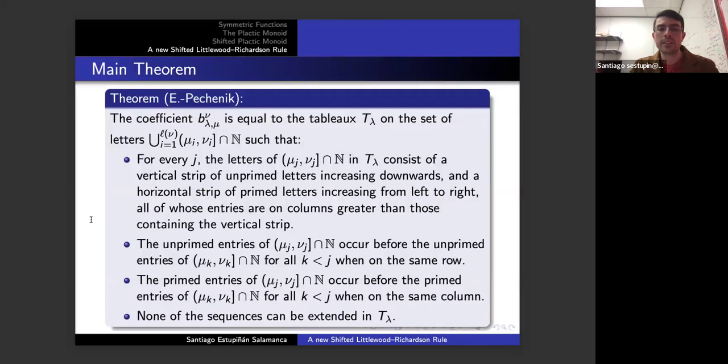And so I said that interlacing tableau were easy to characterize combinatorially. By that I mean that all of these tableaux can be constructed in this manner.